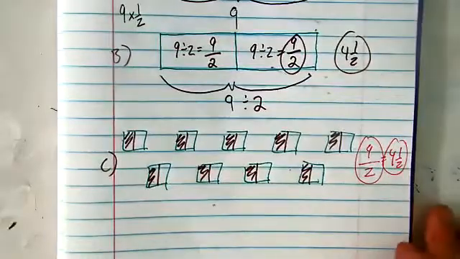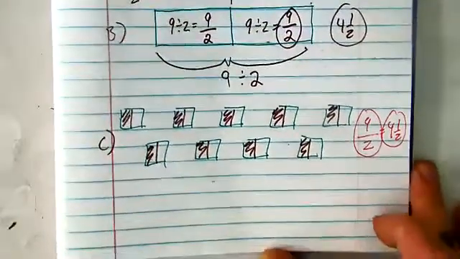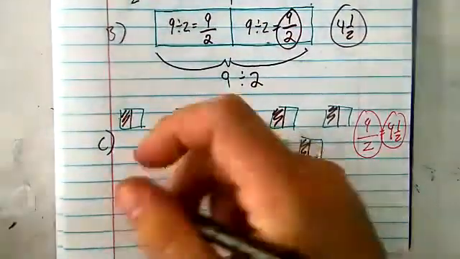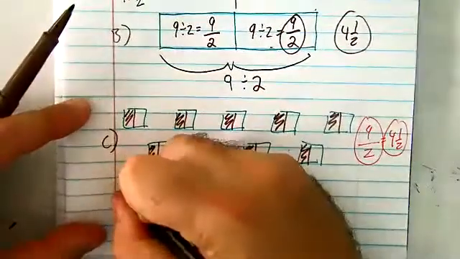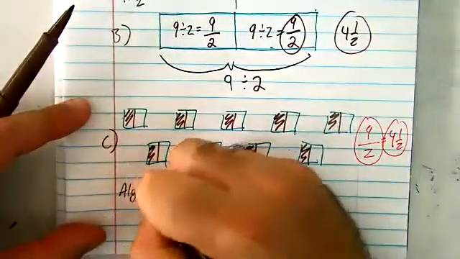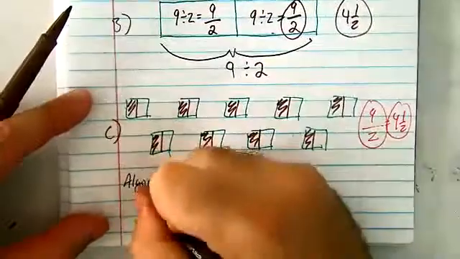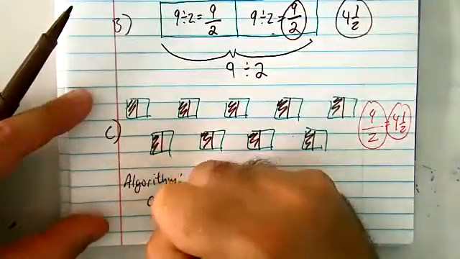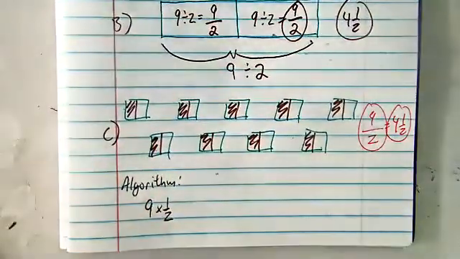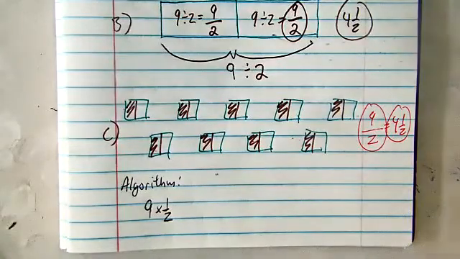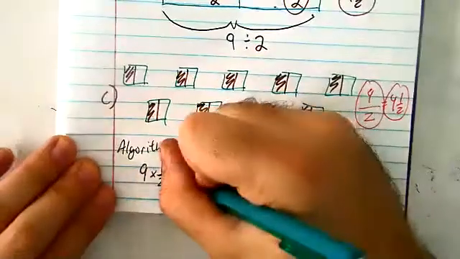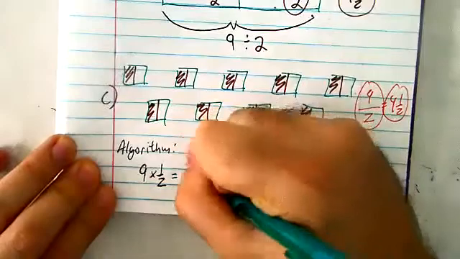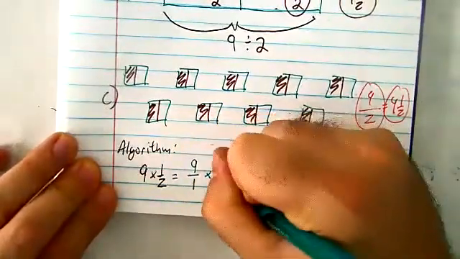Okay. Now, the way that I think most people will solve it is not visually. It's doing the algorithm, which is 9 times a half. What I would highly recommend doing, folks, is making 9 times 1/2 into 9/1 times a half.